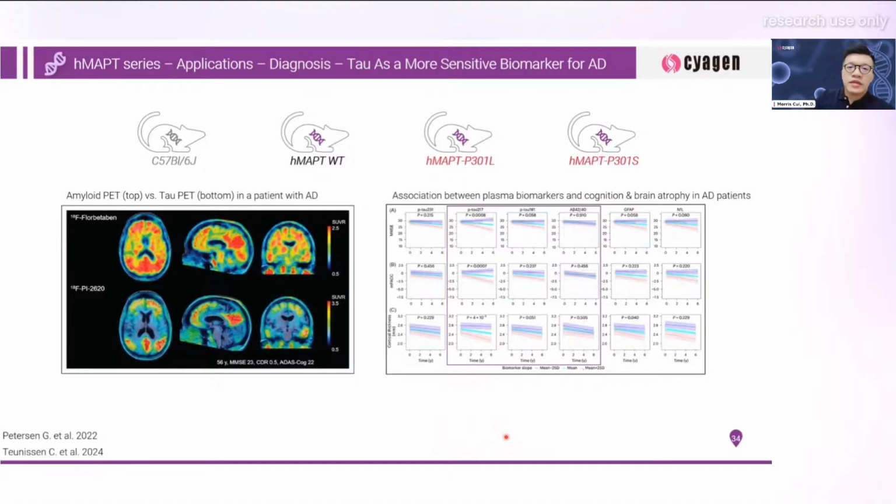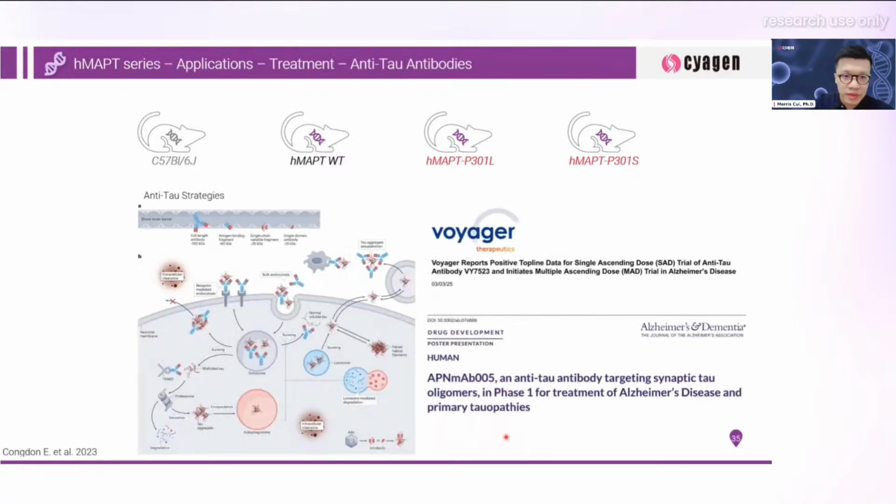That being said, tau is not only a good biomarker for evaluating the disease progression, it is also a valuable target for intercepting the disease progression. Here are demonstrations of the ideas summoned in recent years to intercept tau pathology in the cells and in the disease.